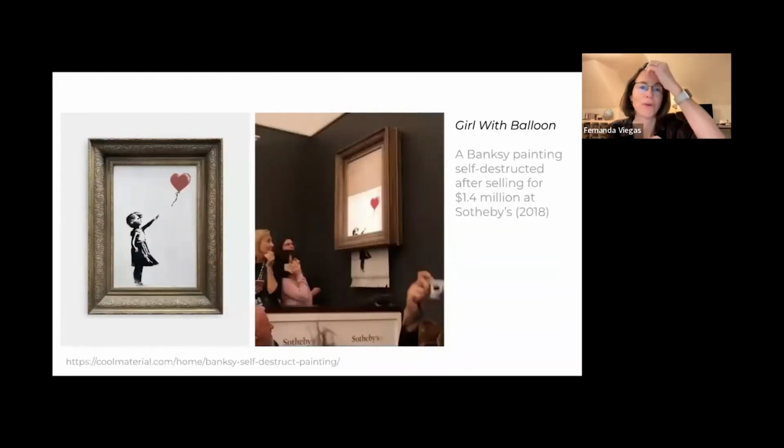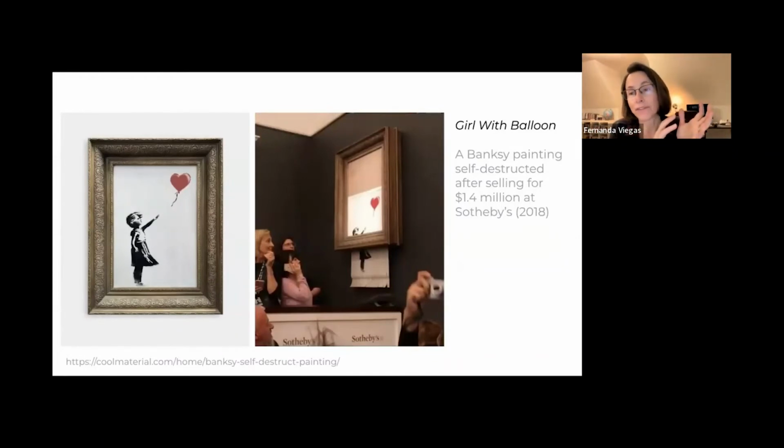My final example is this Banksy piece called Girl with Balloon, which comes from a stencil graffiti piece that he had in London. But this is a paper version. And this was a piece that was auctioned at Sotheby's in 2018.